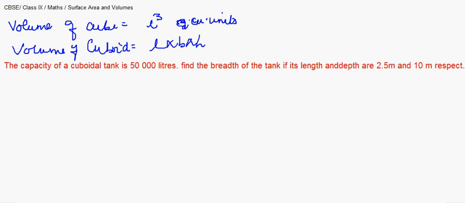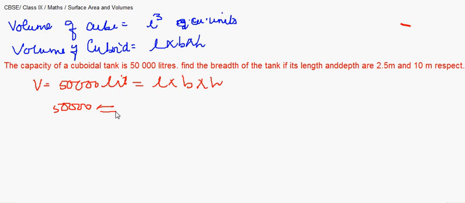That means capacity makes the volume 50,000 liters. We have to find the breadth. Volume of a cuboid is L into B into H. Let's substitute length 2.5 meters, breadth to be calculated, and H as 10 meters.